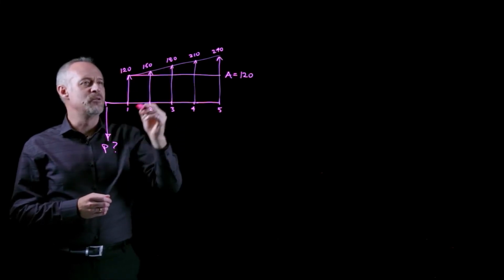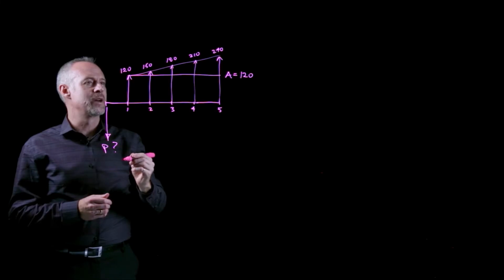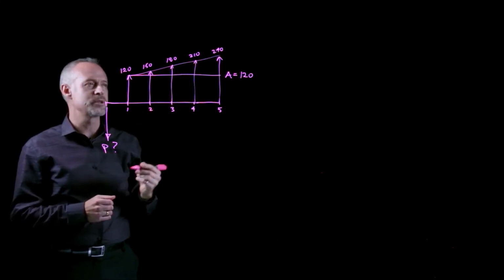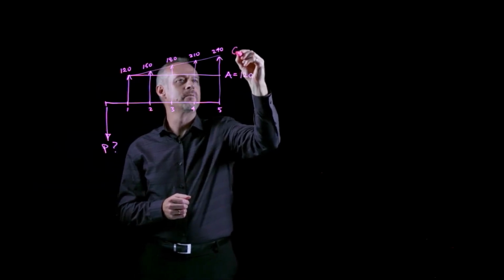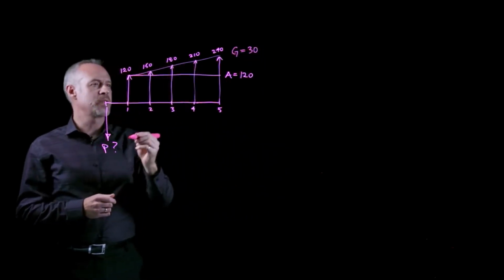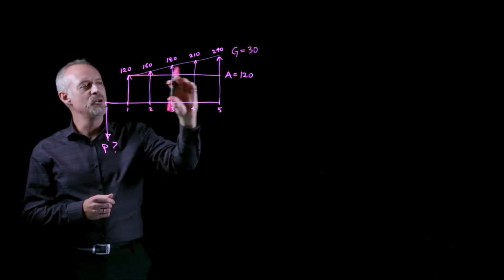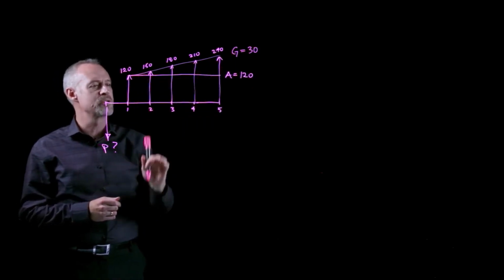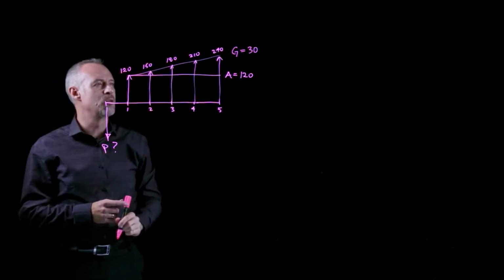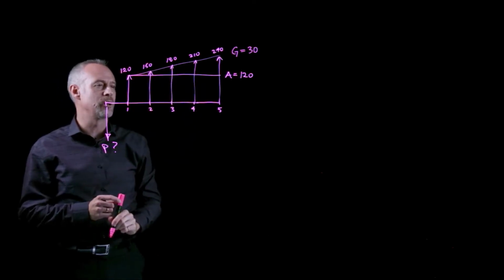We don't have to do too detailed a calculation to realize that, in fact, that increasing amount is $30. And we call that G. So in this particular case, we have an underlying annuity of $120 per year. And then on top of that, we have a gradient of $30 per year.